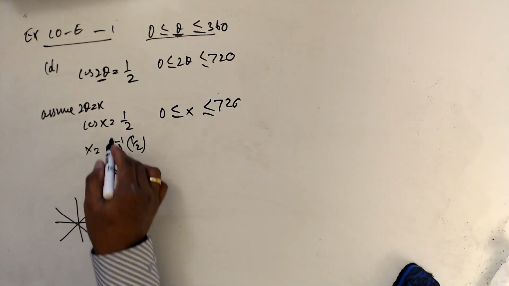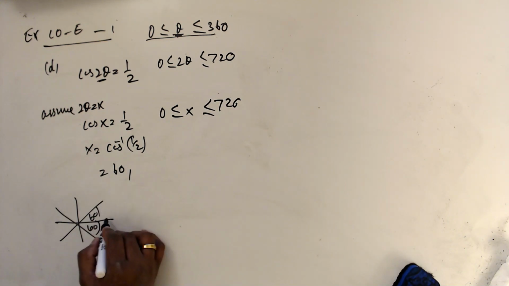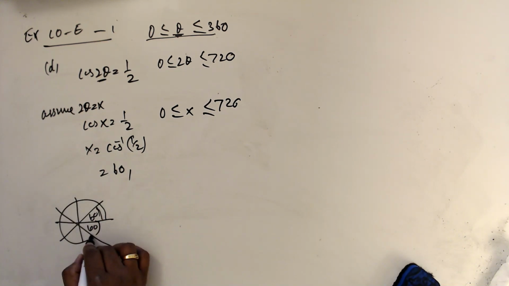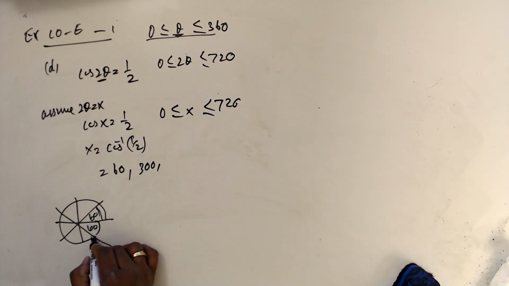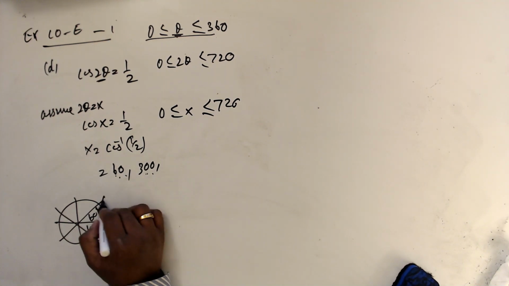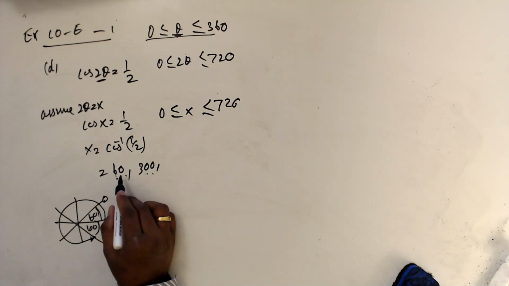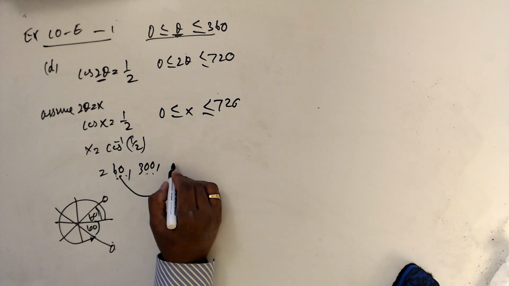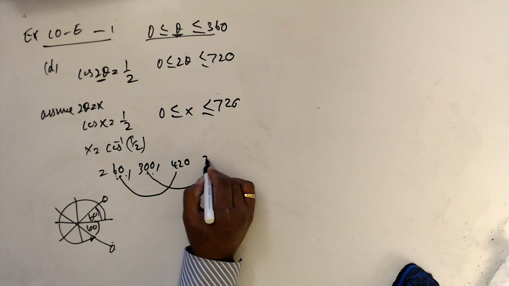Cos is positive in the first quadrant and the fourth quadrant, so 60, then the next one 360 minus 60, 300. We wrote from here 60 and 300. Now next one 60 plus 360, 420, then 300 plus 360, 660.